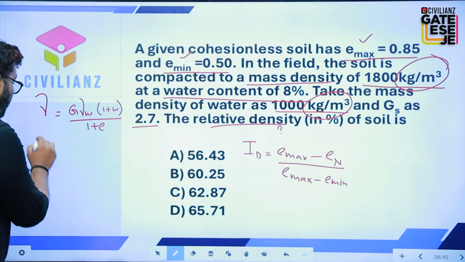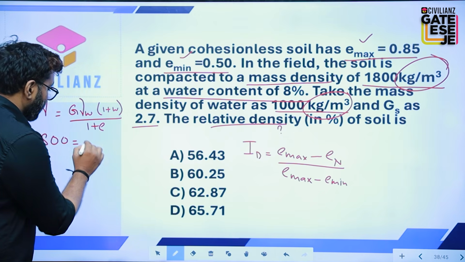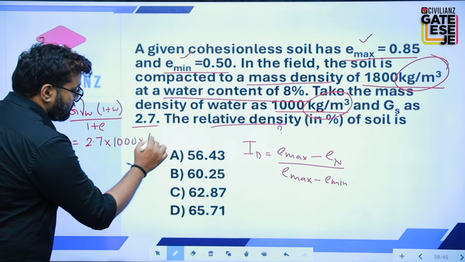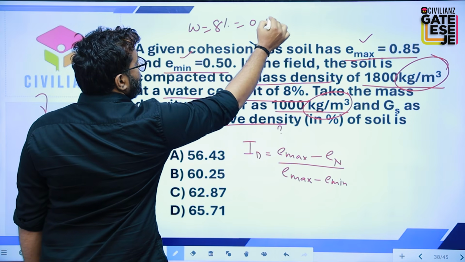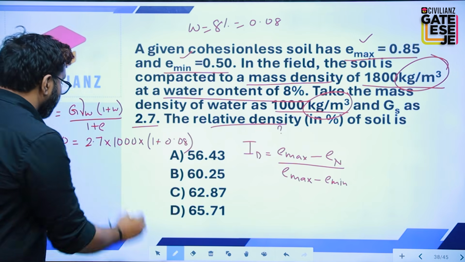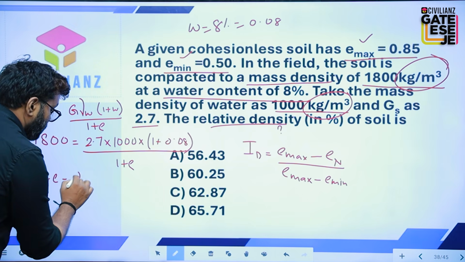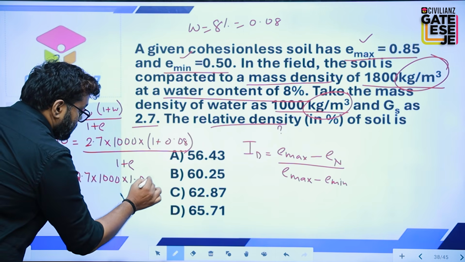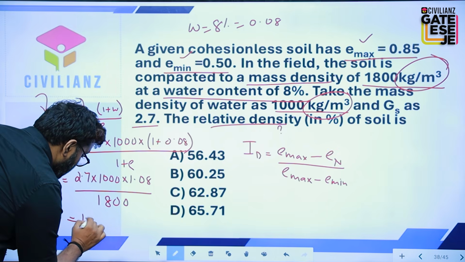We can write 1800 is equal to, G is equal to 2.7, into gamma W which is 1000, into 1 plus water content, which is 8%, equal to 0.08, divided by 1 plus E. So 1 plus E is equal to 2.7 into 1000 into 1.08 divided by 1800, which is equal to 1.62.